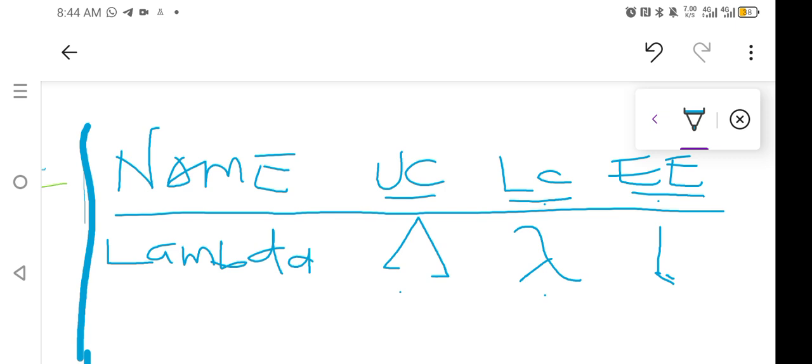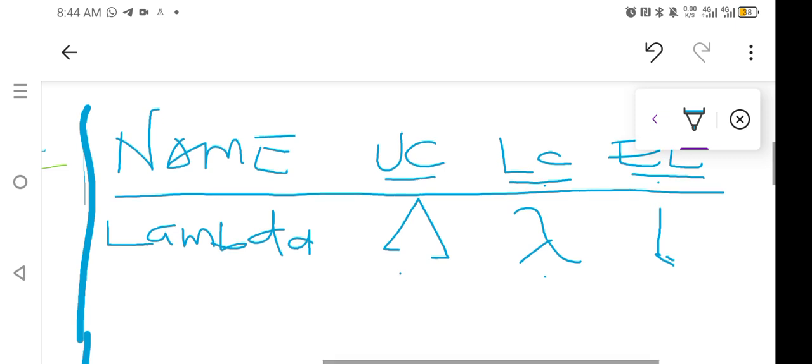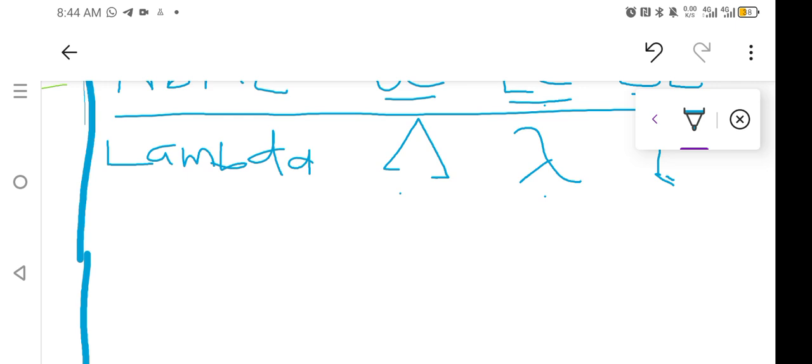The next letter in the Greek alphabet is mu. Now, mu, the uppercase, is exactly like the uppercase or capital letter M. That's how mu is written, the actual capital letter M. The lowercase is slightly different.